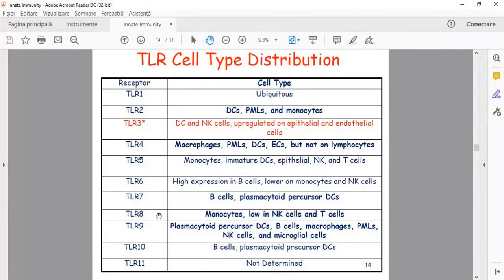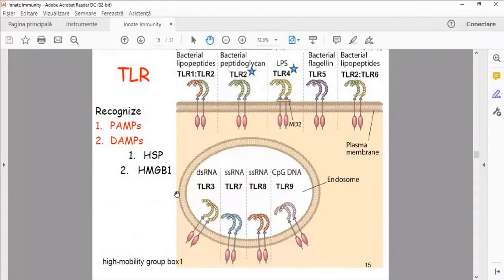Toll-like receptor 8 is expressed on monocytes and at low levels on NK cells and even T cells, and toll-like receptor 7 can be found in B cells and plasmacytoid precursors of dendritic cells. These are the most important toll-like receptor cell distributions.